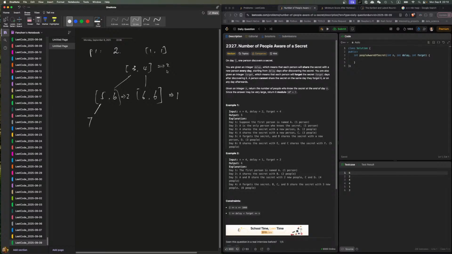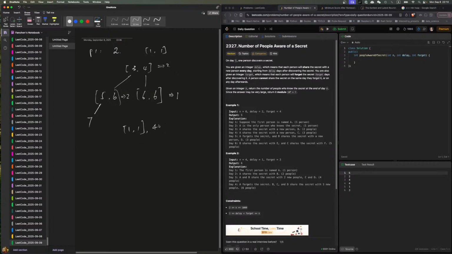just branching. Let's try this, n equal to 4, so 4th day, okay? So again, we start with 1, 1. And the end time is 4.